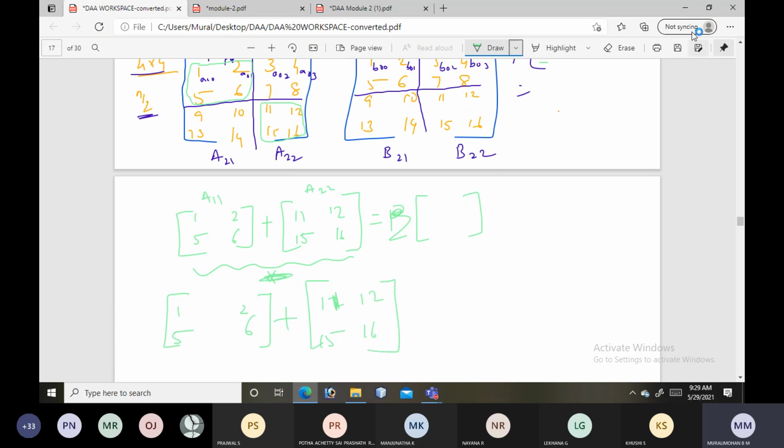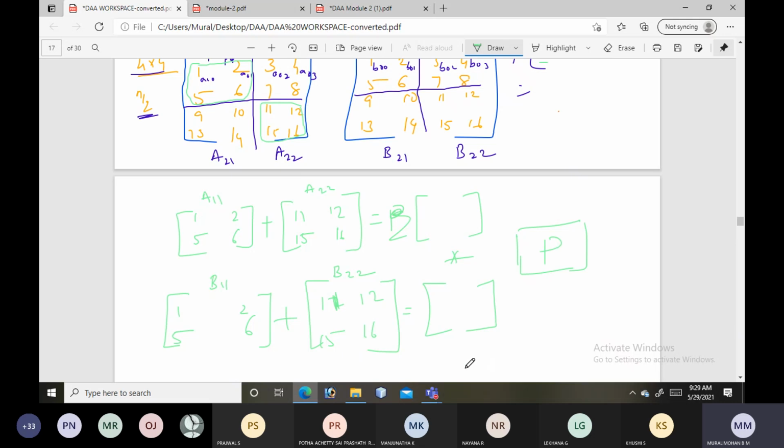When you perform A11 plus A22 and B11 plus B22, here you will get one matrix and here you will get one more matrix. Now you multiply these two. Finally you will get this P matrix. Is it clear?